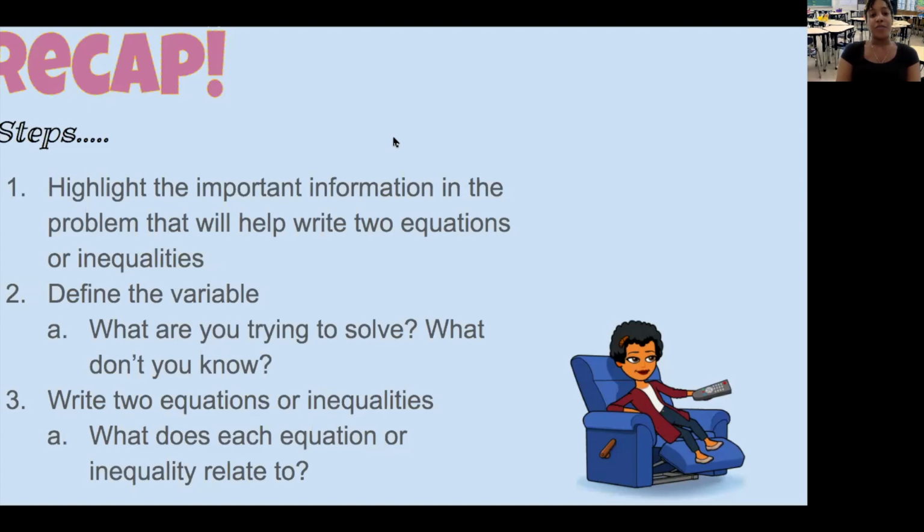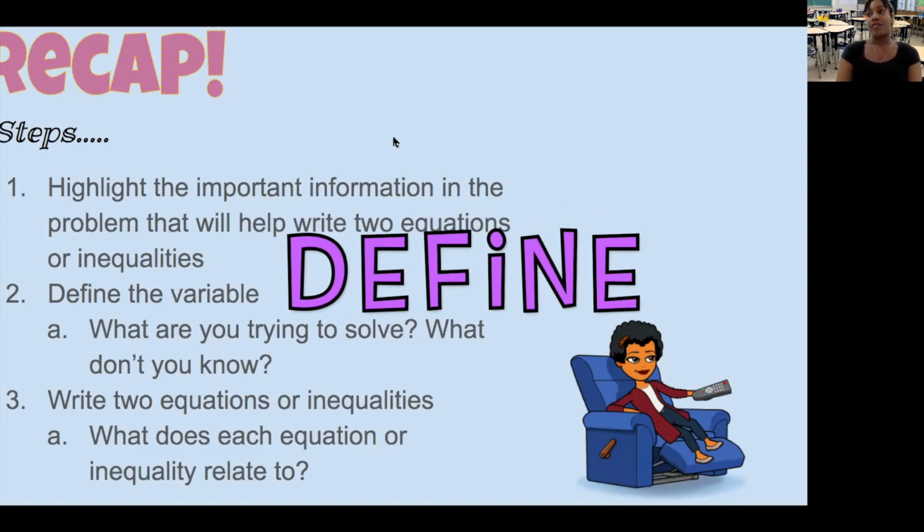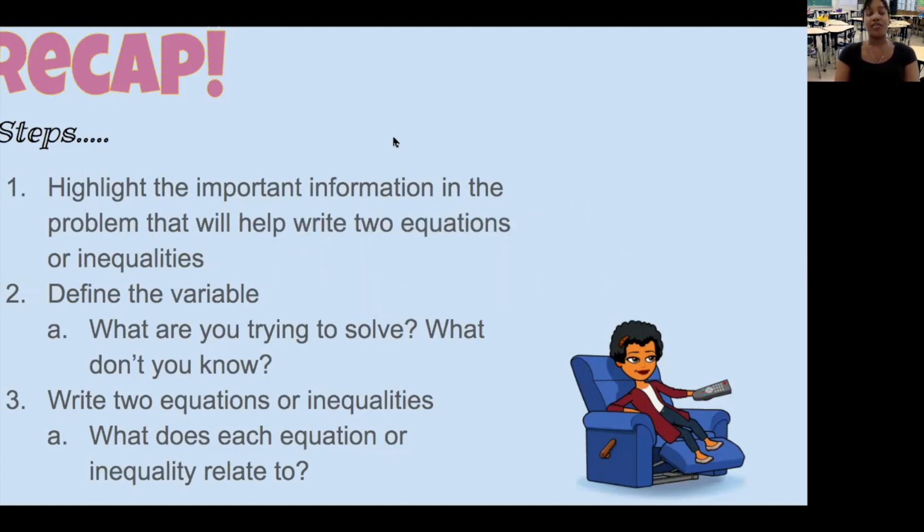Second thing, we're defining the variable. Every time we have these type of questions, we need variables, right? They're systems. There's always two variables in these type of questions. So we have to define them. We can't just use X and Y and not let people know what we're talking about.